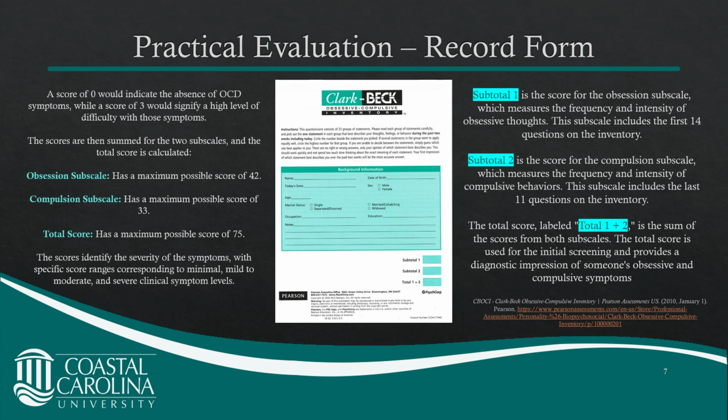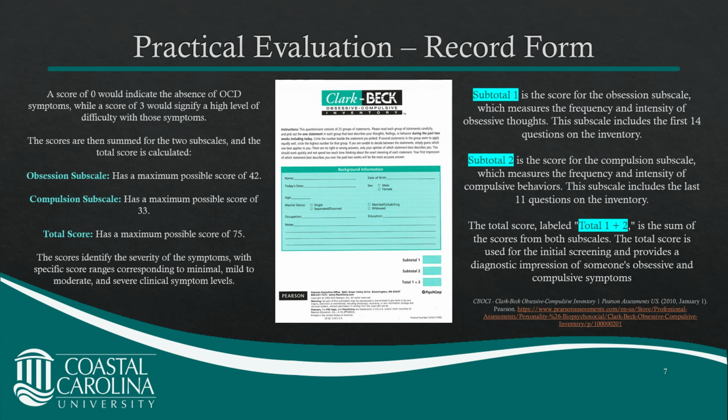For the compulsion subscale, it has a maximum possible score of 33, and a scoring range between 0 and 9 would indicate minimal to non-clinical symptoms again, and a scoring range of 10 to 25 would indicate mild to moderate clinical symptoms. And finally, the 26 to 33 range would indicate severe clinical symptom levels.